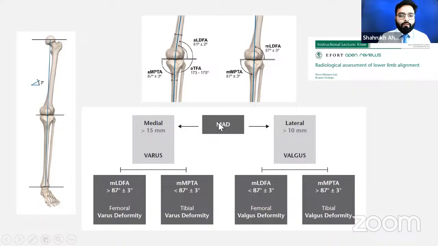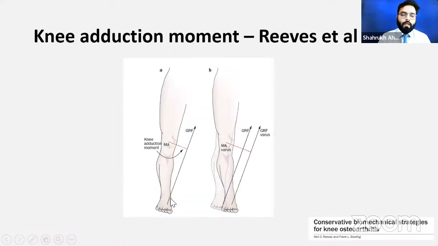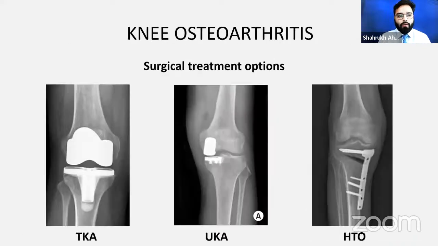Using the mechanical axis deviation, we can diagnose the varus radiologically, and the deformity origin can be found out by measuring the angles. In a varus knee, the knee adduction moment is increased, which leads to further varus and progression of osteoarthritis of medial compartment.